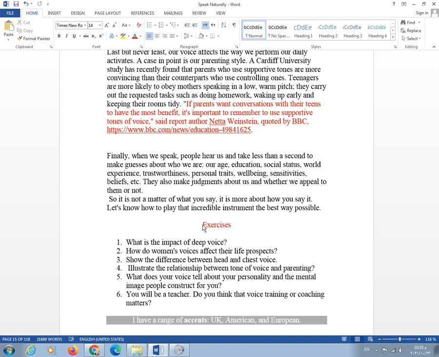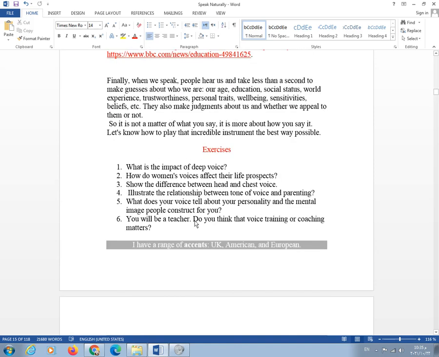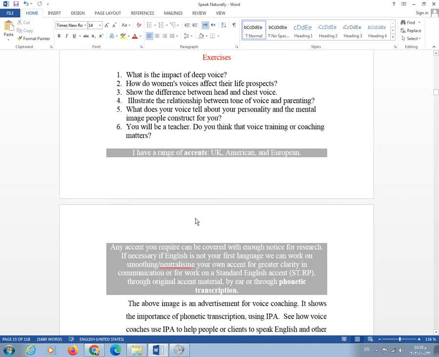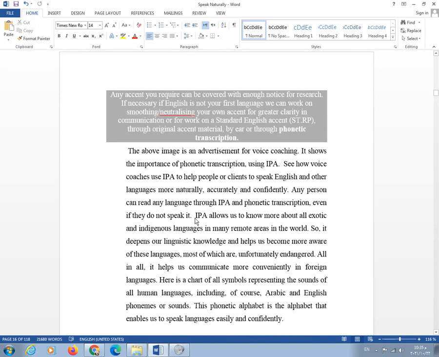And here's the exercise. It includes a number of questions. Here I'm talking about phonetic transcription, which is used by voice coaches to help people to speak a language or pronounce correctly and comfortably.